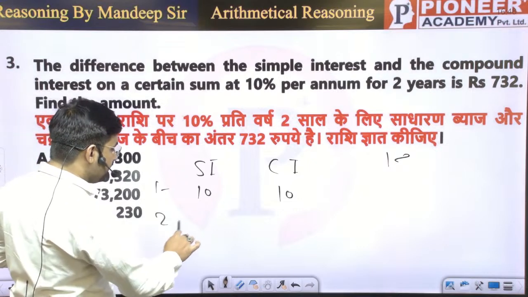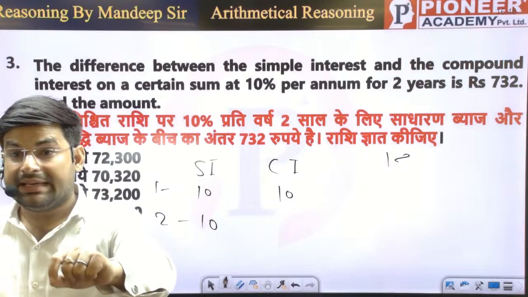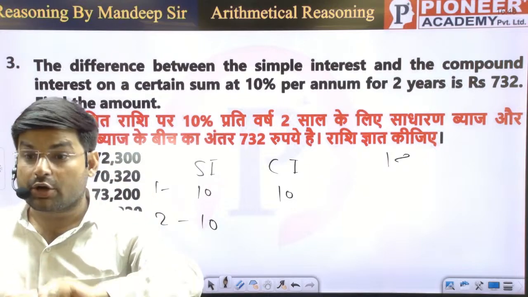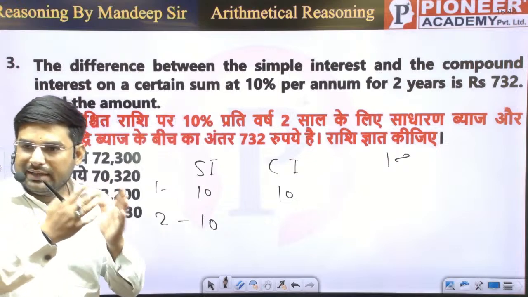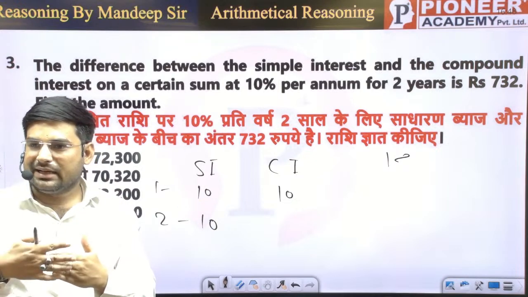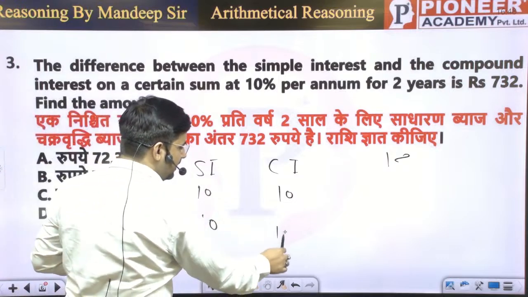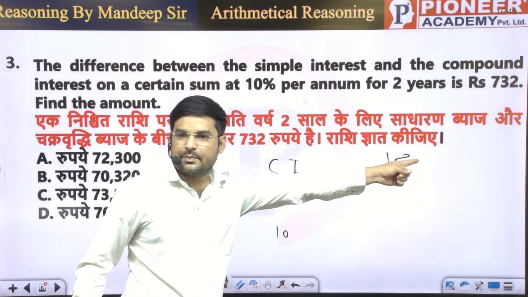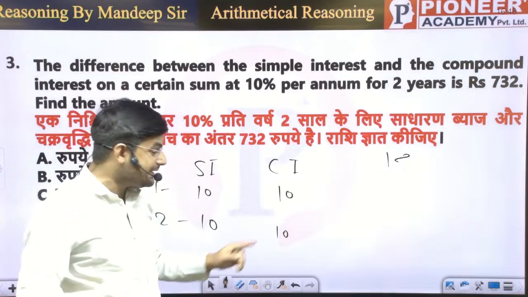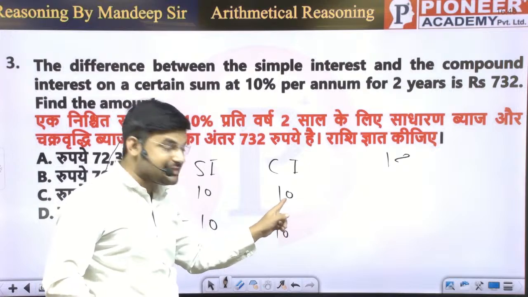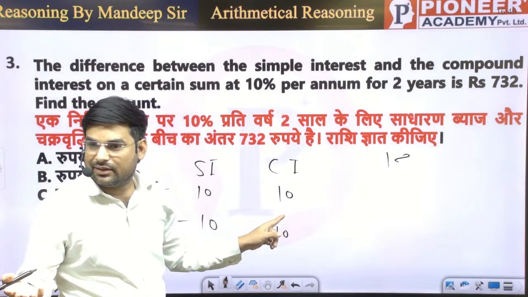Second year. SI is always the same in every year, but CI is not the same every year because he applies interest on the interest. 10% of 100 is 10, but here he applies interest on this 10 too. So 10% of 10 is 1.